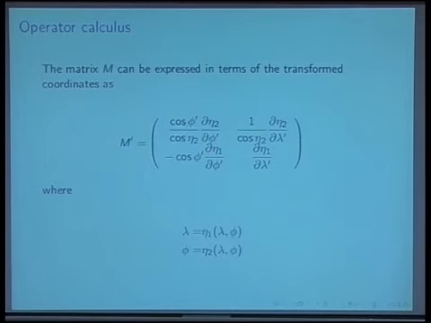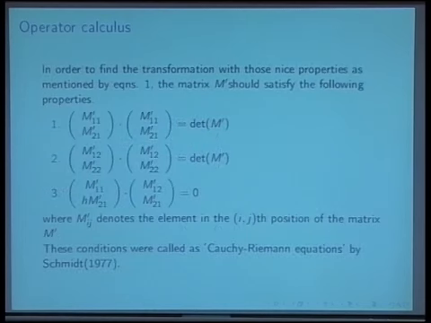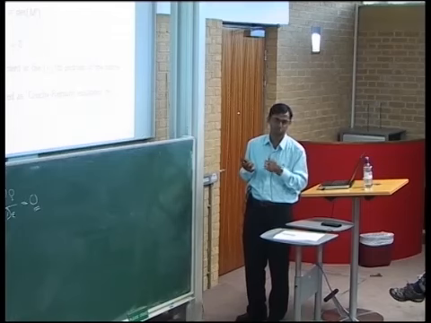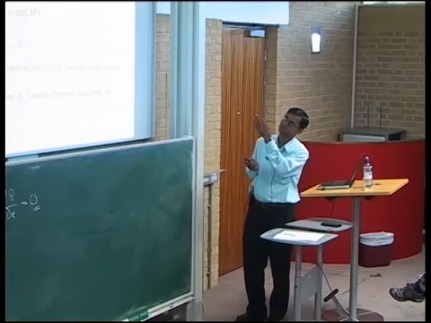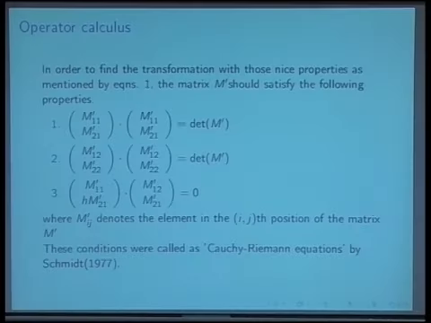This operator M can be expressed in the prime coordinates through the inverse functions eta, that is eta 1, eta 2. Now, to get these operations with those nice properties mentioned in the previous equations, that is conserving the structure of the scalar product of the gradients, Jacobian and the Laplacian, these are the conditions imposed by Schmidt's framework.